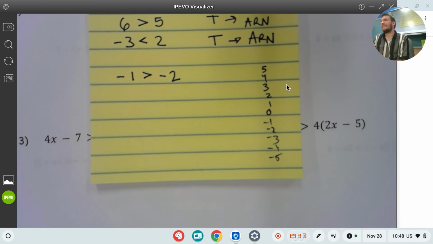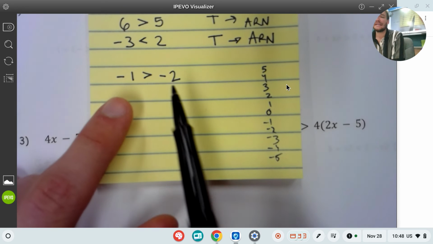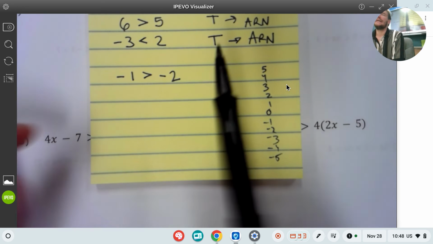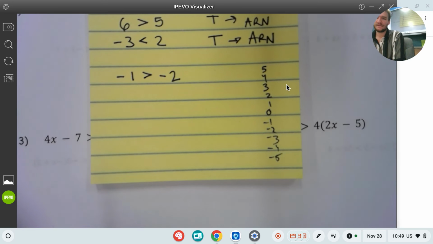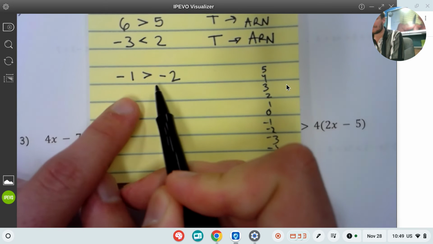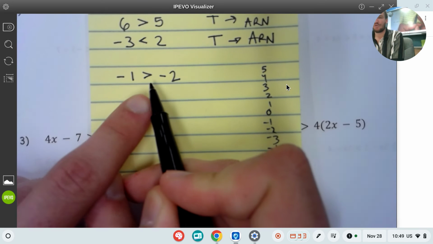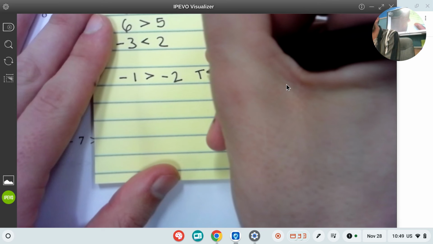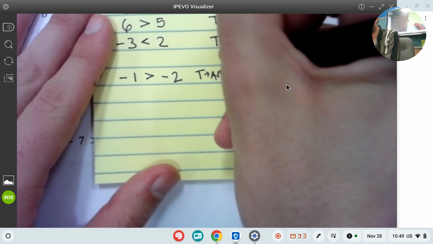So my advice for you, if you're comparing two negative numbers, it's the opposite of what you think. Okay? So these two negative numbers, is -1 greater than -2? That is true. That is ARN.